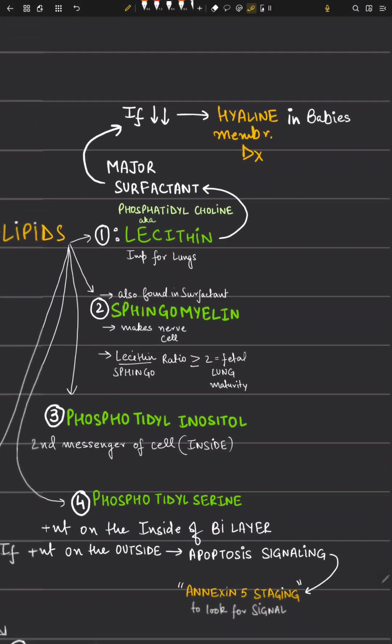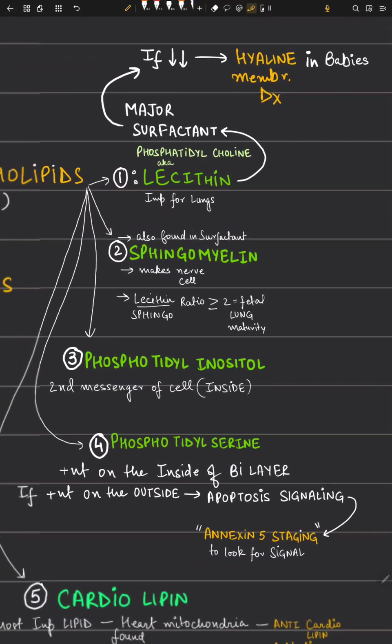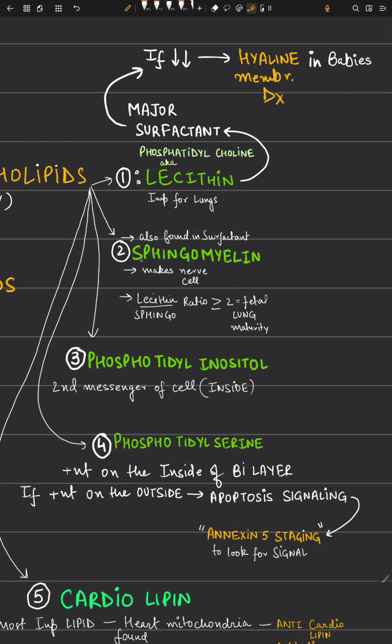Let's talk about another one, sphingomyelin. As you can see in the word, there is myelin, so I'm talking about the myelin sheath. Sphingomyelin is used to make nerve cells, and it is also found in surfactant, but in lesser amounts than lecithin.